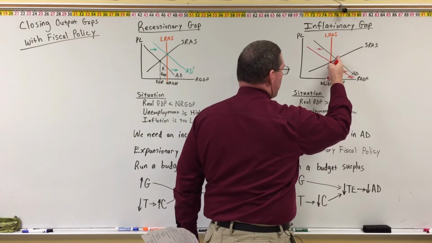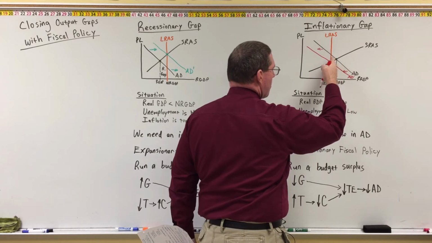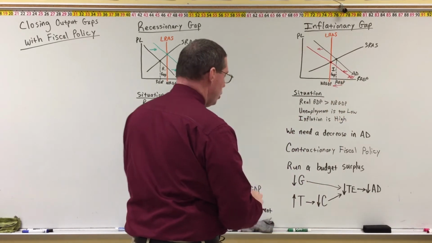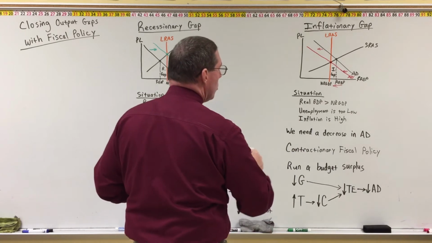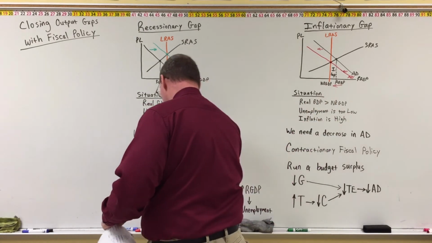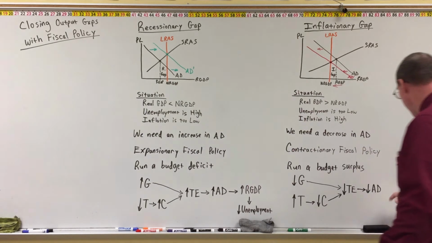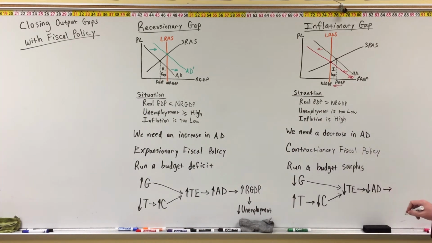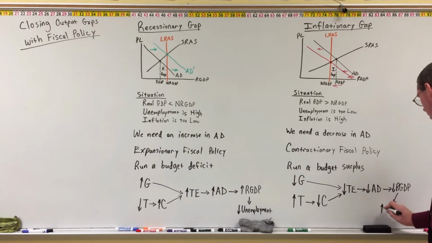In the meantime, this is going to result in a decrease in real GDP so that it is equal to natural real GDP. And so this decrease in aggregate demand is also going to result in a decrease in real GDP, and a decrease in real GDP will result in an increase in unemployment.